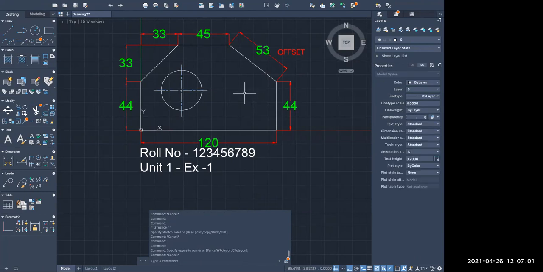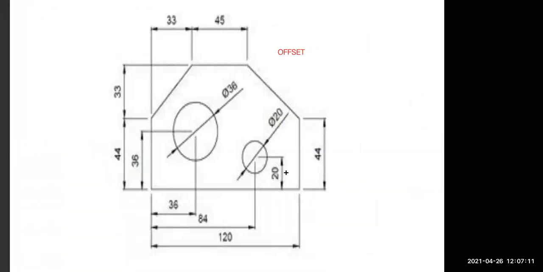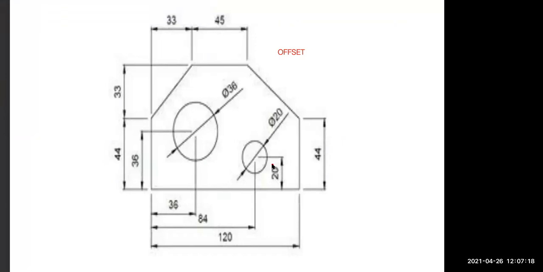Okay. Now once again, see how to identify the center of the second circle. This is our second circle. And you can see clearly that it is at a distance of 20 from this center line, from this horizontal line. So we need to offset this horizontal line by the length 20.